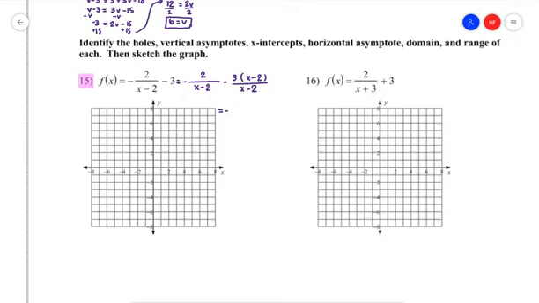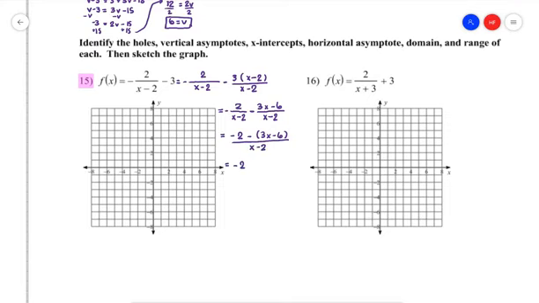So we get negative 2 over x minus 2 minus 3x minus 6 over x minus 2. Single fraction, negative 2 minus 3x minus 6 over x minus 2.